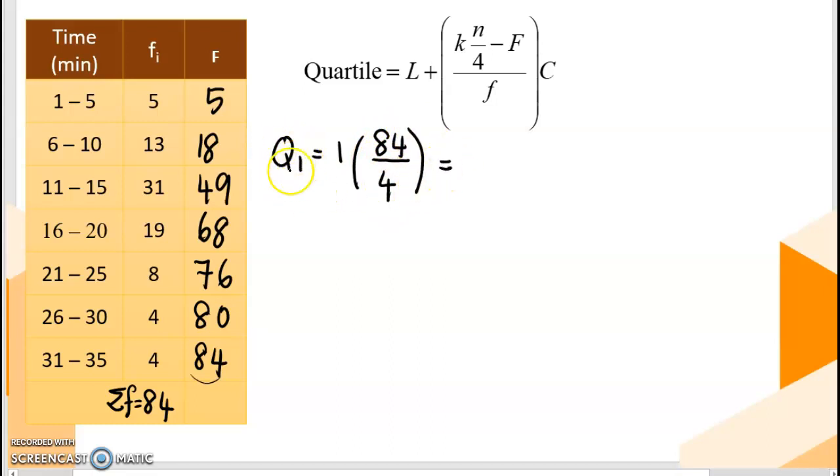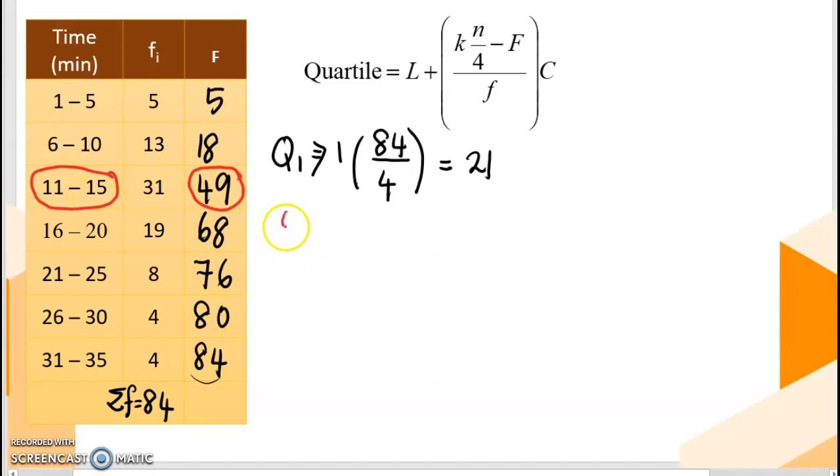We are going to find the location first. So we have 21. Now we look for 21 in the cumulative frequency. Cumulative frequency 21 will be here, because our data from 19 until 49 will be in this class.